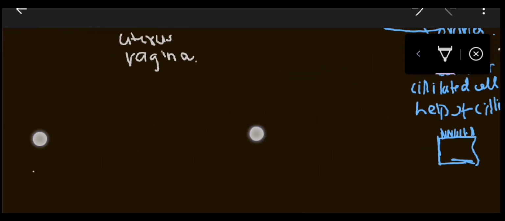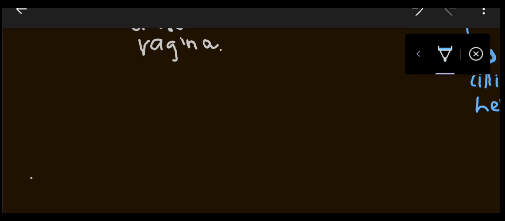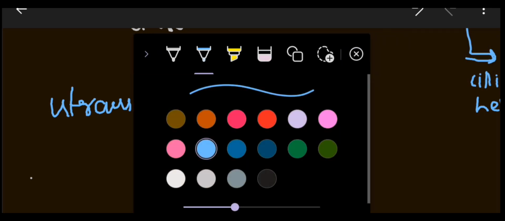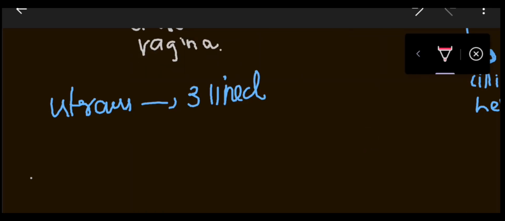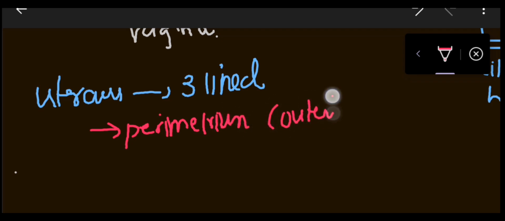After that, as we know, the ovaries are on both sides, and in the middle we have the uterus. Now, what about the uterus? The uterus has three linings. First is the outer lining, known as perimetrium, which is the outer lining of the uterus.